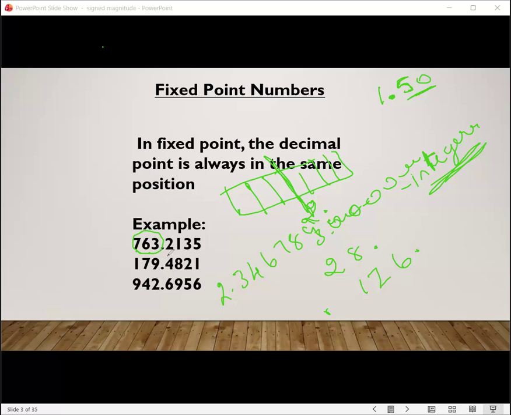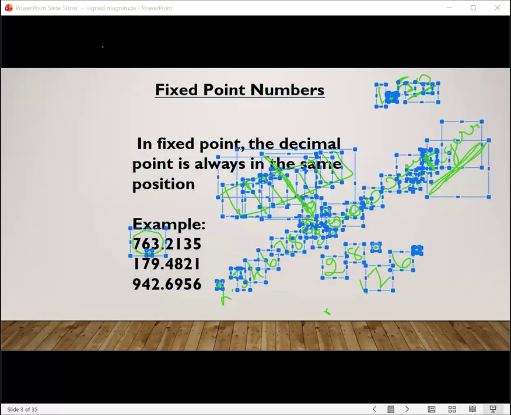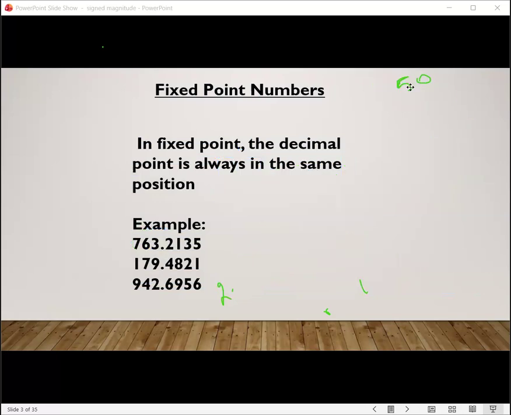So it is also not very easy to represent using fixed point representation. So what do we do? That's why we started using floating point representation.